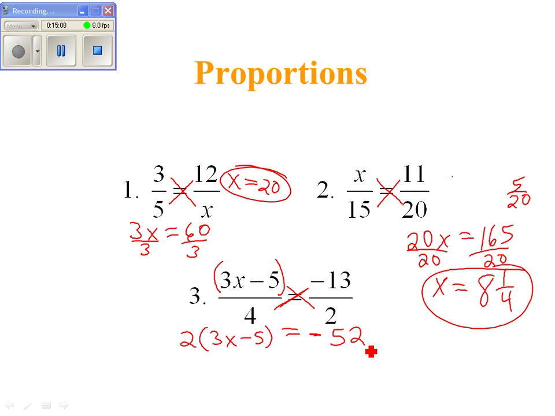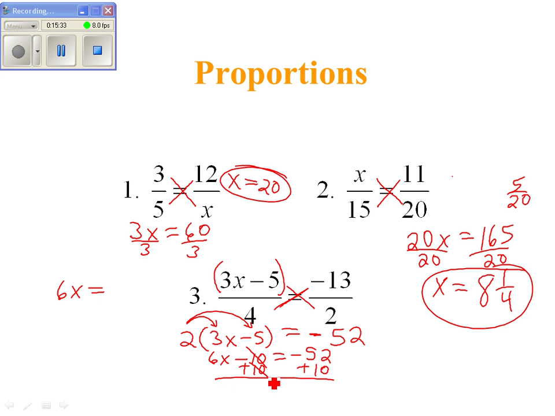What do we do to start to solve this? Distribute. What's 2 times 3x? 2 times negative 5? Negative 52. Add 10 to both sides. I'm running out of space down there, so I'm gonna move up here.